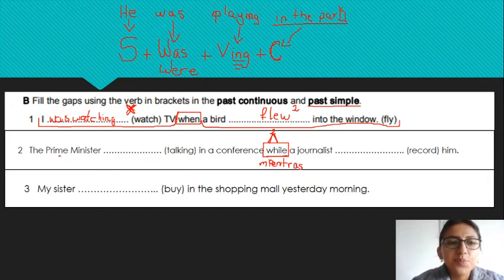Okay, so the Prime Minister, what is the meaning of the Prime Minister? Okay, el primer ministro was talking in a conference while a journalist. What is the meaning of journalist? Okay, a journalist, periodista.